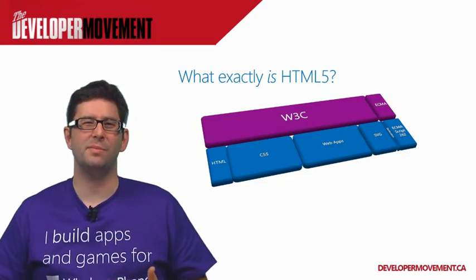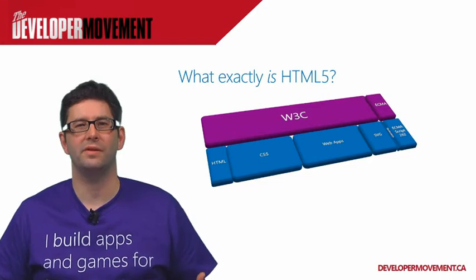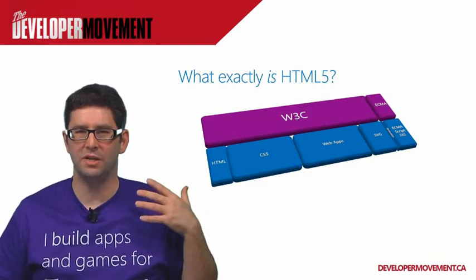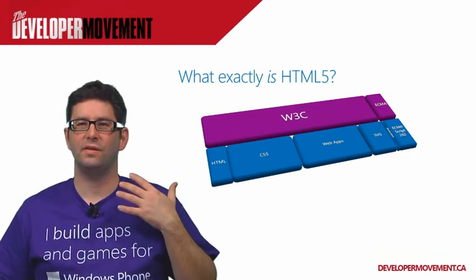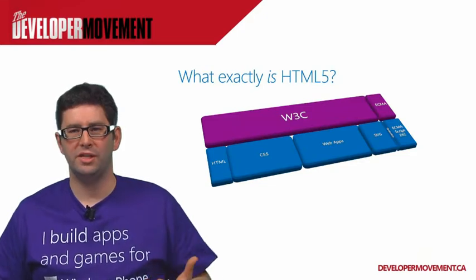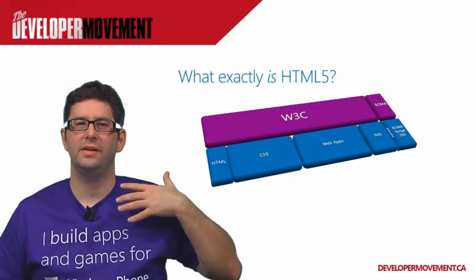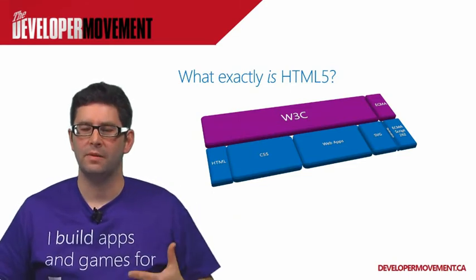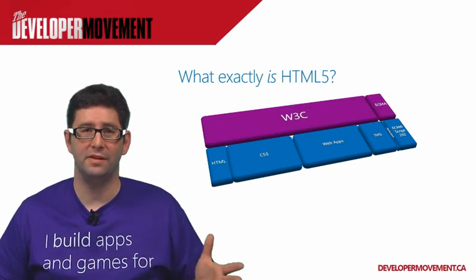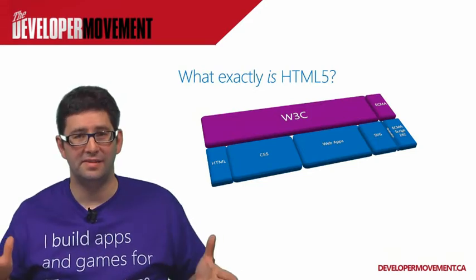But they said ECMAScript doesn't sound very cool, so we're going to call it JavaScript. And even though it has nothing to do with Java and it has no virtual machine associated with it or a Java virtual machine, they just wanted to hook on to the wave that was Java. So they called it JavaScript, even though it had nothing to do with it. And the rest, as they say, is history.